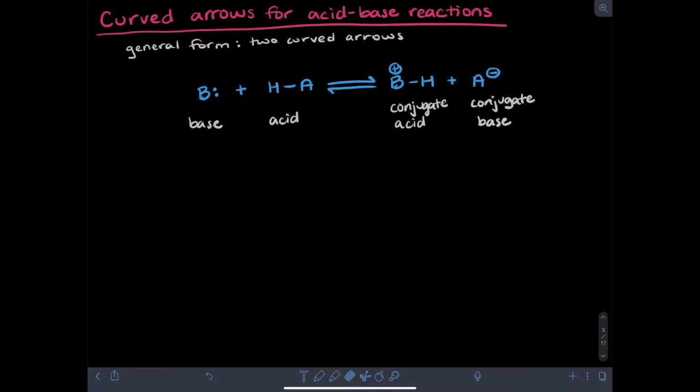After B has gained a proton, or been protonated, it is transformed into the conjugate acid, and A is converted into A-, our conjugate base, after it's lost its proton. As I mentioned, I will have 2 curved arrows.